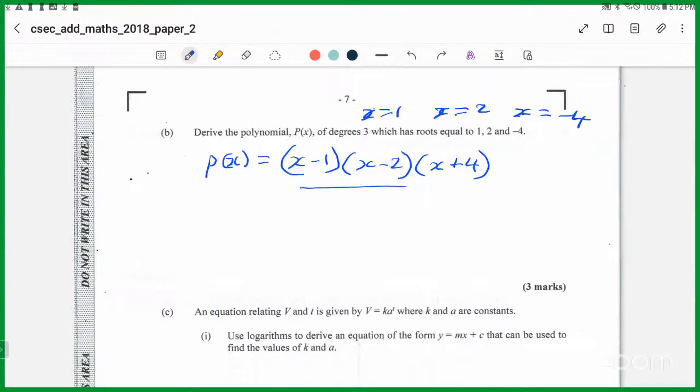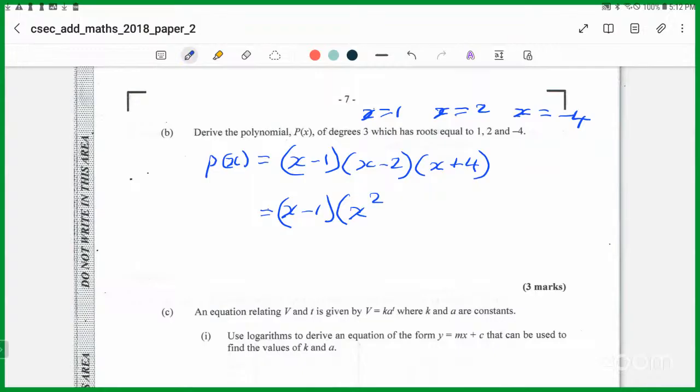And I want us to expand it and write it in descending powers. They didn't say that, but they say of degree 3. This is basically the function, but we have to do something with it, so I'm going to expand it out. I'm going to multiply these two first. So x minus 2 times x plus 4: x times x is x squared.